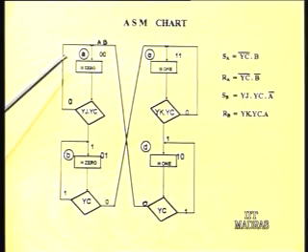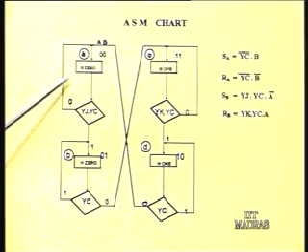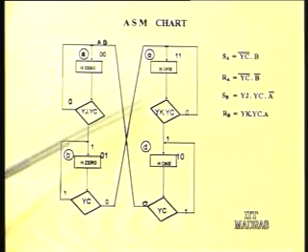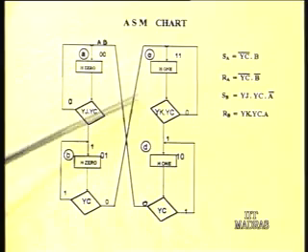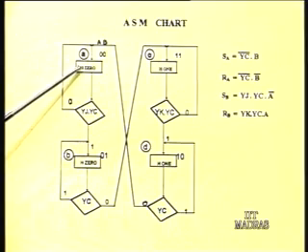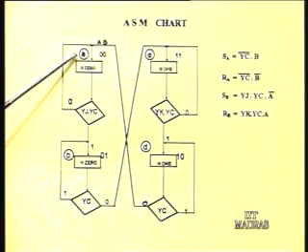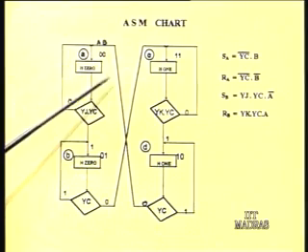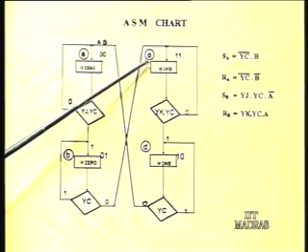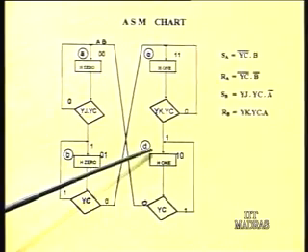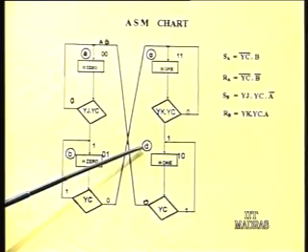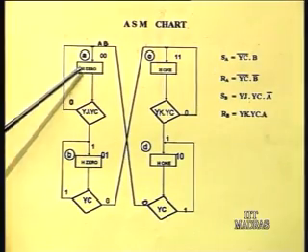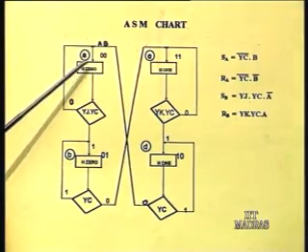The chart you can see that the 2 outputs H0 and the other output H1, these are generated respectively in these states. What is it? H0 is generated once in state A and again in state B. Similarly, H1 is generated once in state C and again in state D. In fact, directly we will be able to derive the function of H0 and H1.